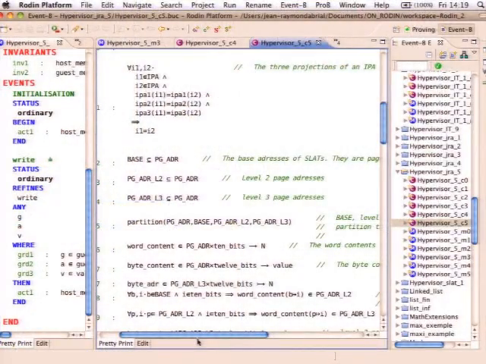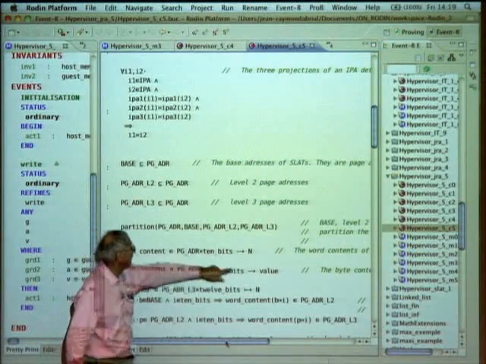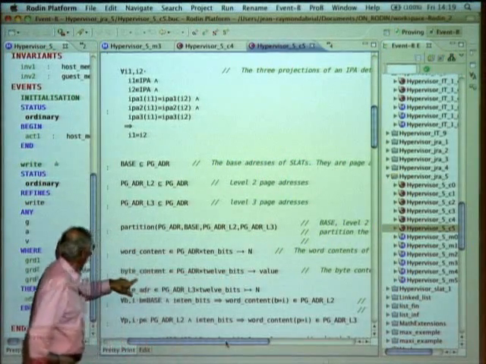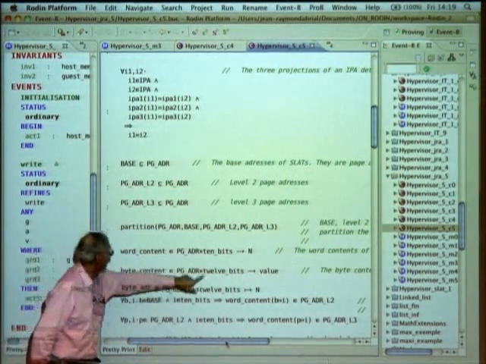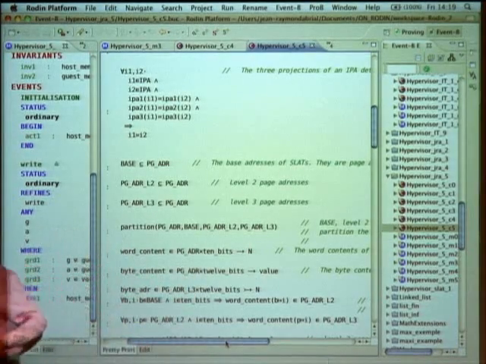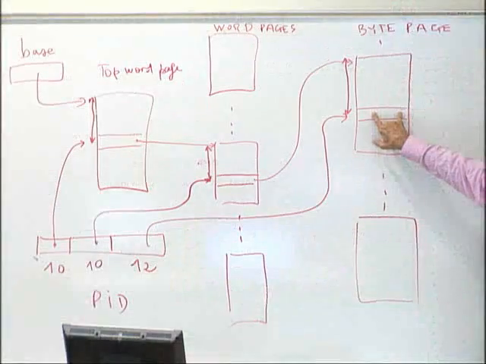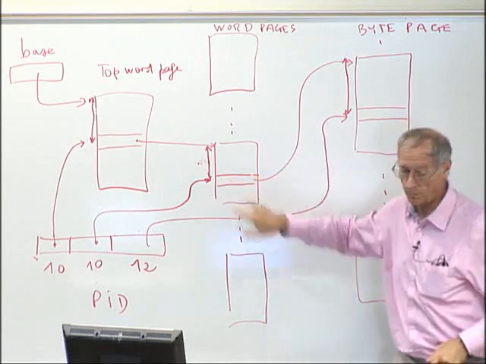And now I define the word content for a page address for 10 bits, and the byte content for the 12 bits. So this corresponds to this, a byte, and to this, a word.